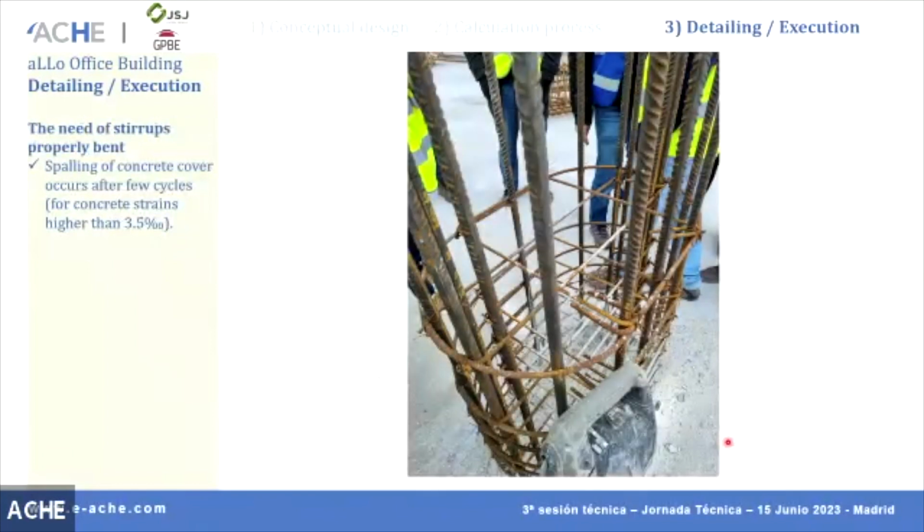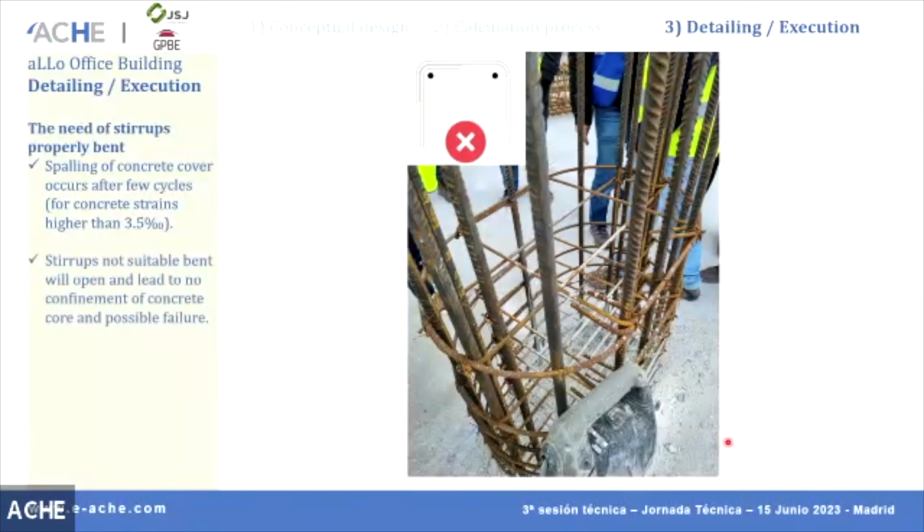Also, nobody thinks it's important, but the stirrups need to be properly bent. In the morning, they also mentioned this. It's very difficult, at least in Portugal, to guarantee that it is properly bent.